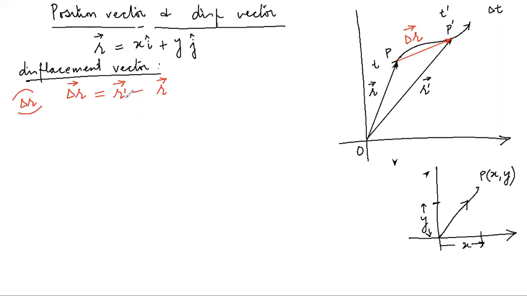Now, let me apply the triangle of vector addition to see how I got this direction. I want to subtract r vector from r dash vector. The r dash vector here is positive, so I'll take r dash parallel to the same vector. This is r dash. Now the r vector has a minus sign. If I add a minus sign to a vector, its magnitude remains the same, but its direction reverses.